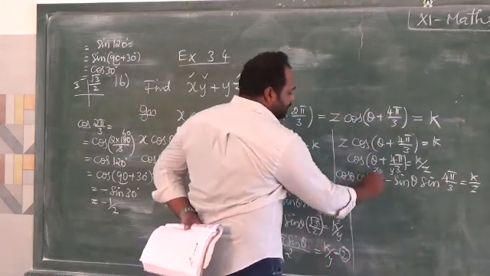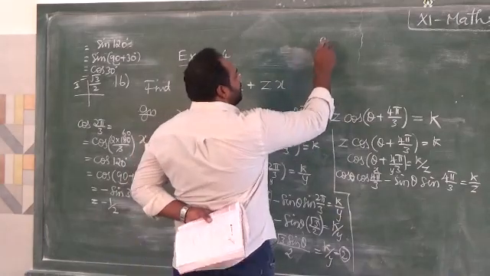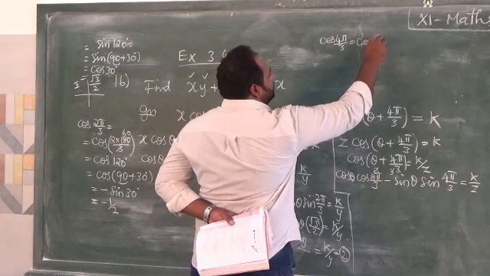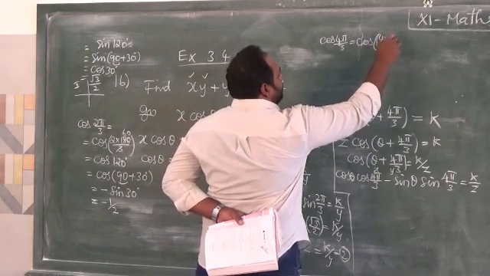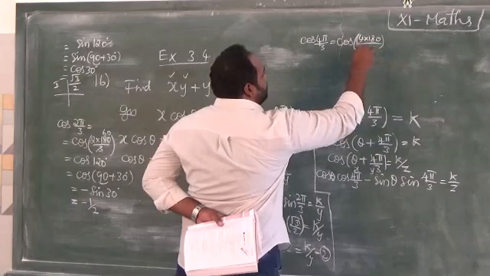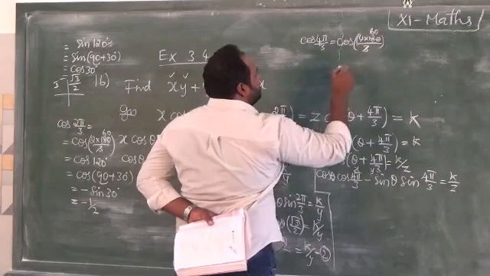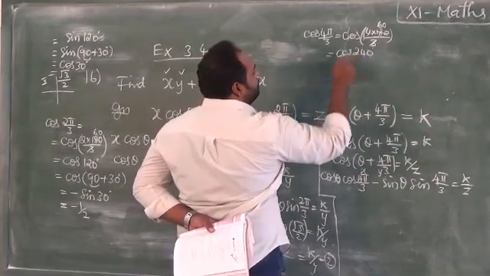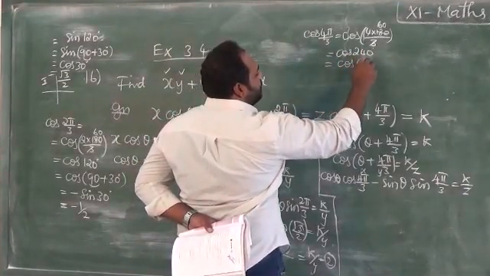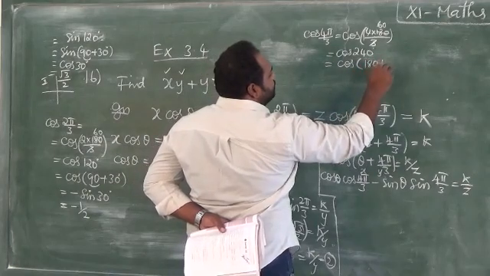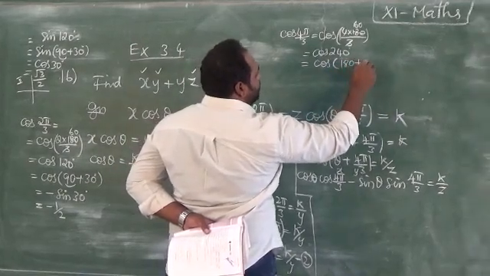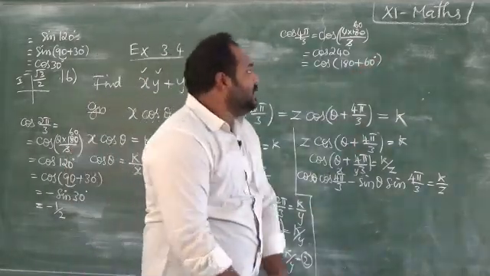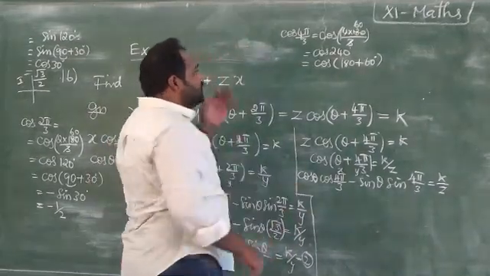So here we have to find out the value of cos 4 pi by 3. Cos 4 pi by 3 can be written as cos of 4 into 180 divided by 3, cancel 6, 60. So cos 240 we can write as 180 plus 60, which is third quadrant.